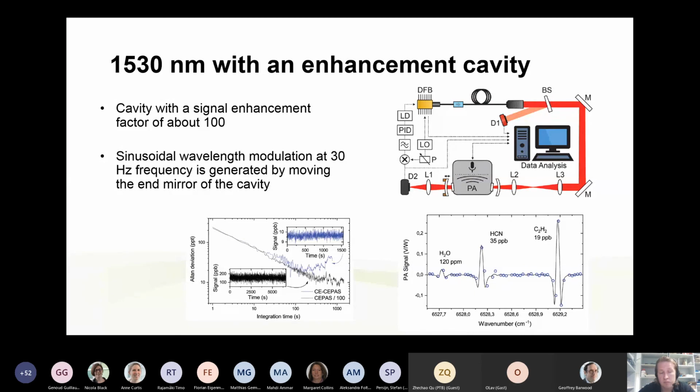Up to about 100 seconds they are really similar, but then there starts to be some drift because of the cavity enhancement, which does not enable longer integration times to achieve better sensitivities.